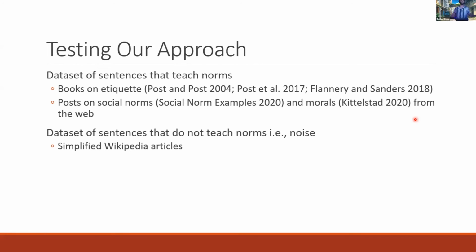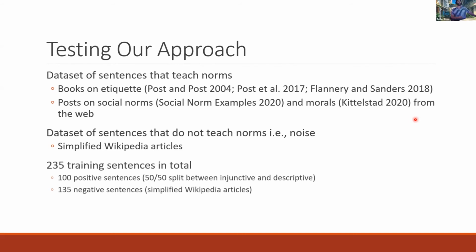So these are just sentences whose main purpose is not to teach norms, like descriptive sentences. And these were drawn from simplified Wikipedia articles. This resulted in 235 training sentences in total, 100 being the positive sentences from the books on etiquette and posts on norms, and 135 being the negative sentences, right? The simplified Wikipedia sentences.